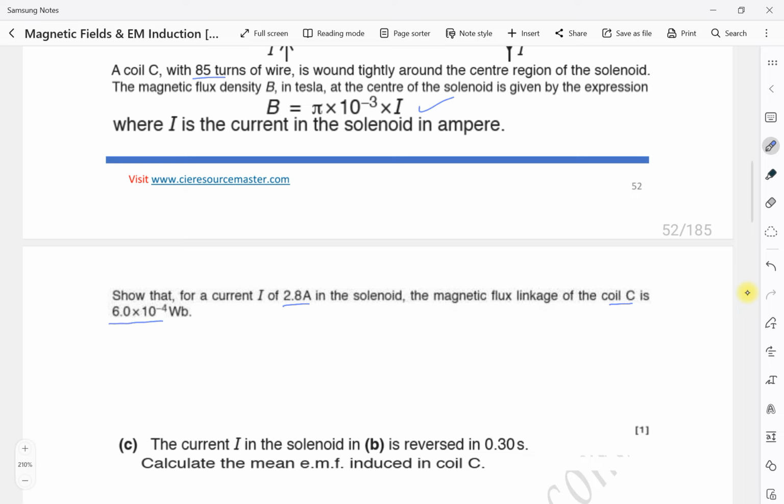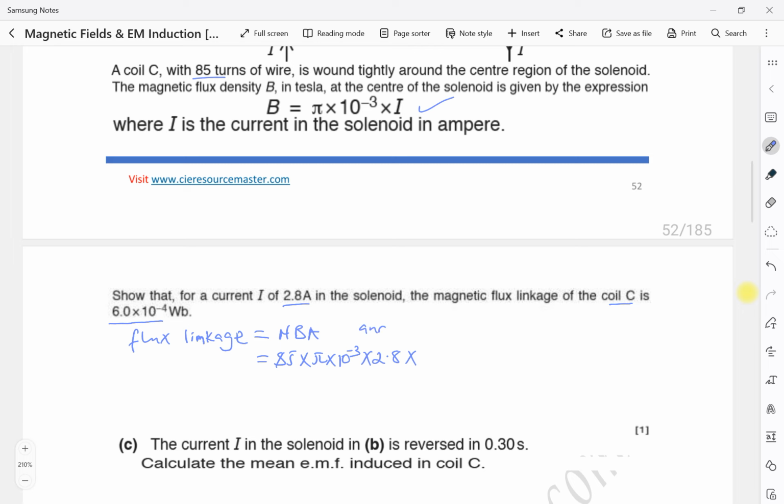So you and me know that flux linkage is equal to NBA. So the number of turns of the coil is 85, times the magnetic flux density B, which is pi times 10 to the power of minus 3 times I, where I is 2.8, then times the area.